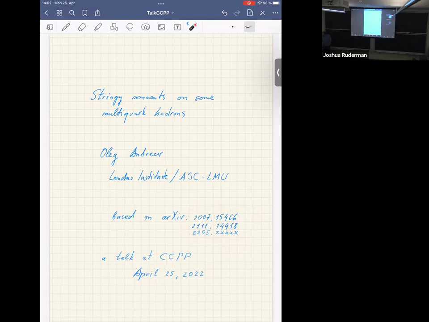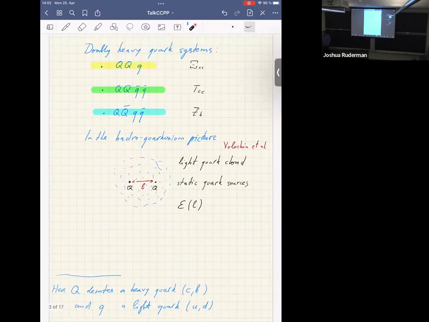And that's about 3 kinds of doubly heavy hadrons. Doubly heavy means that each of those has a pair of 2 heavy quark sources. It's either quark-quark or quark-antiquark or maybe antiquark.